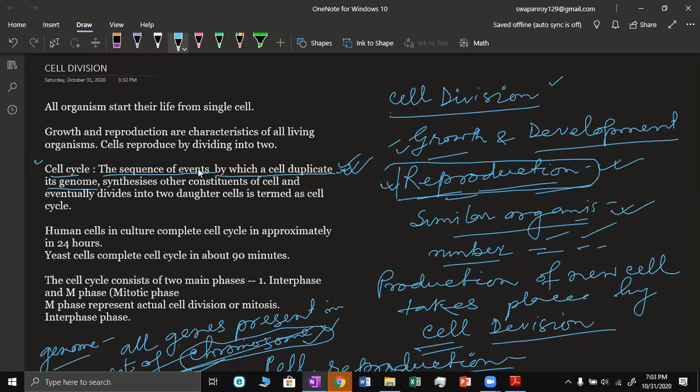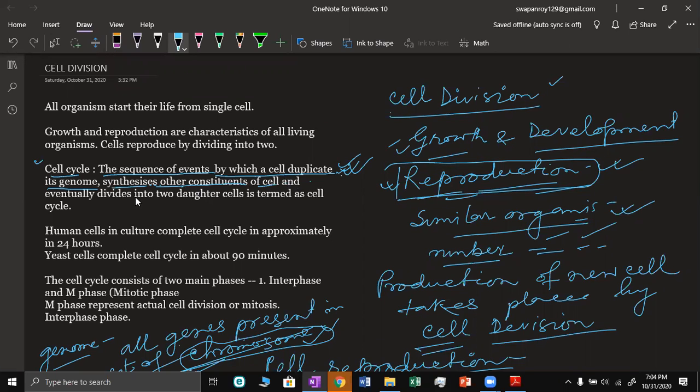So this is the sequence of events by which a cell duplicates its genome and synthesizes other constituents of the cell. In the cell, some other things are there, different cell organelles, protoplasm, that also should be increased.